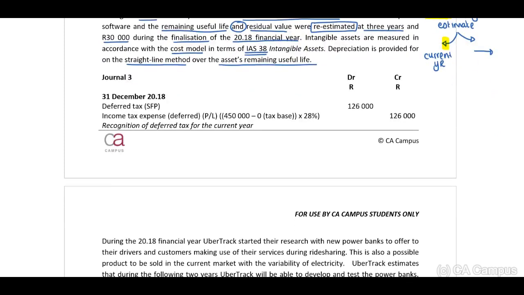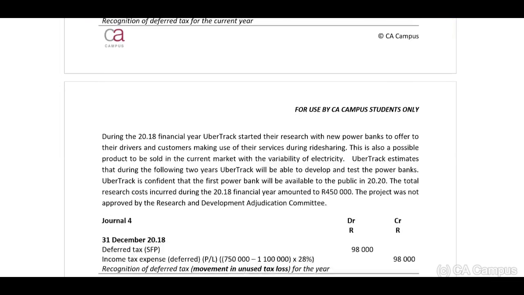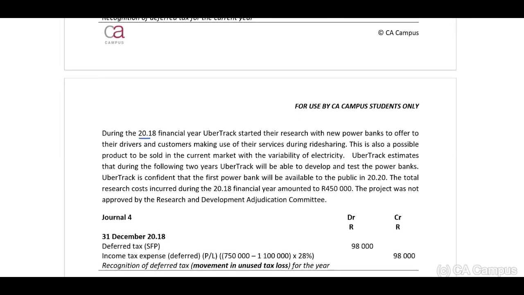Journal 3. Debit deferred tax, credit income tax expense, 450,000 minus 0 tax base times 28%. During 2018's financial year, UberTrack started their research with new power banks to offer to their drivers and customers making use of their services during ride-sharing. This is also a possible product to be sold in a current market with the variability of electricity.